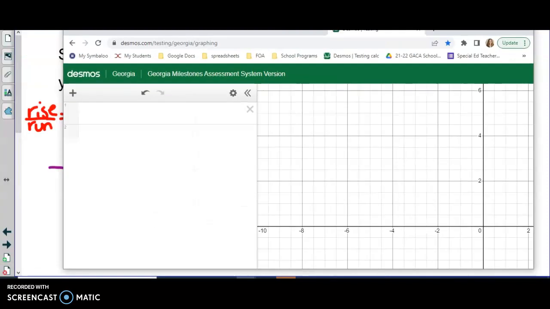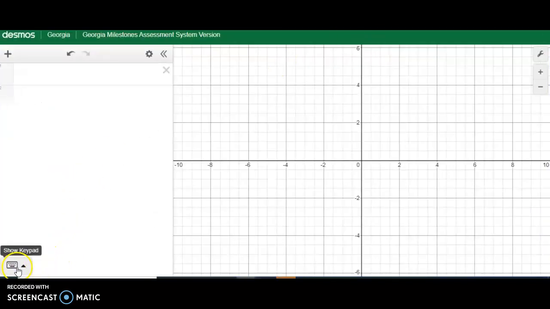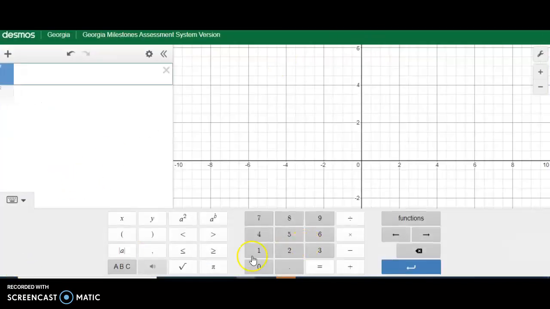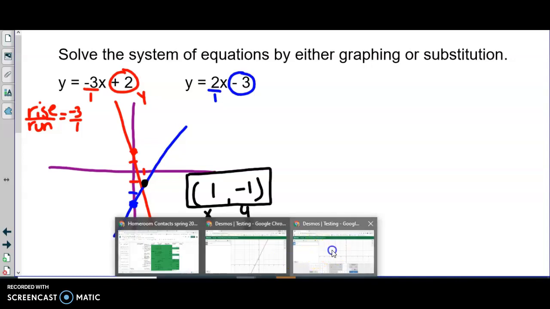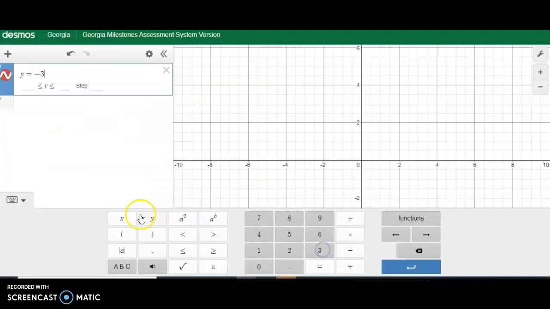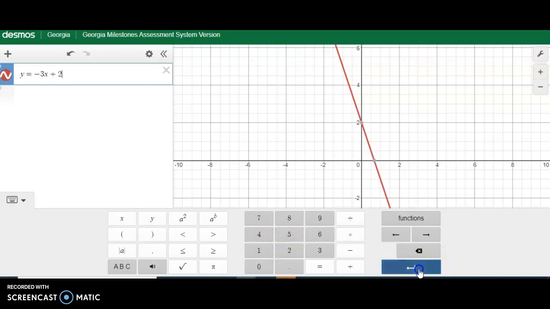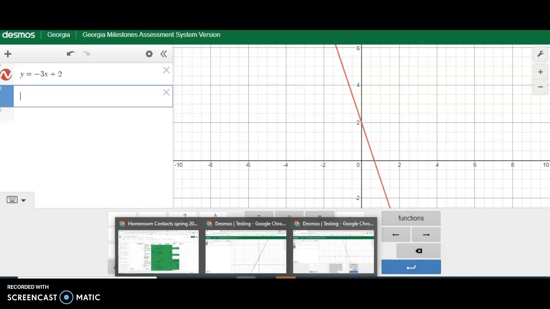Just as a reminder, you can use Desmos. You do not have to graph it by hand unless you want to. So you could go over here and do y equals -3x + 2, and then hit enter or the blue button. Then you want to type in the second equation on the same graph.